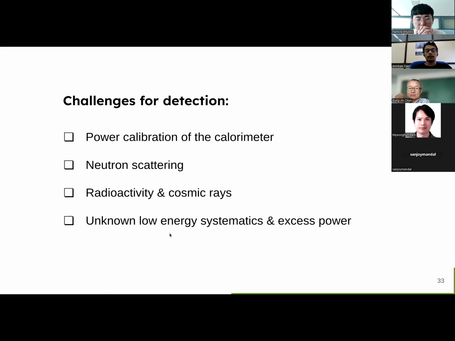And finally, because these experiments are at low energy, which is not very well explored even today, there could be some unknown systematics and excess powers which we do not yet know. To claim detection, we will need to get rid of them, or know what's causing them and have our sensitivity below that. So these are some of the challenges that we can face in this type of experiment.